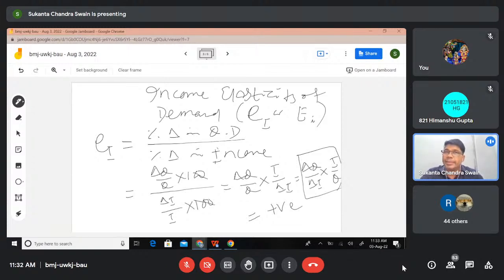It means the product in question is not a normal commodity. It is an inferior commodity. In case of an inferior commodity, what happens? If income goes up, we demand less of that, save some money out of that, and deploy it to purchase some superior quality. Am I right?